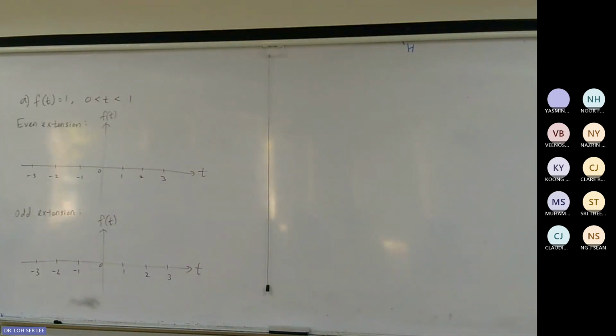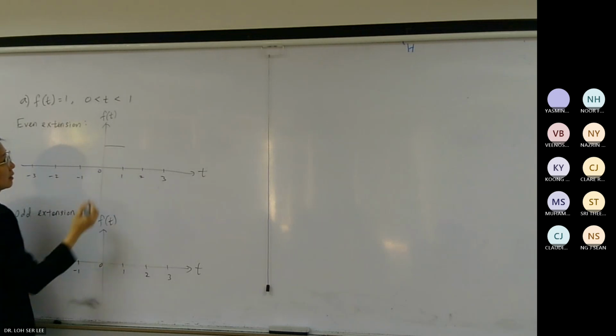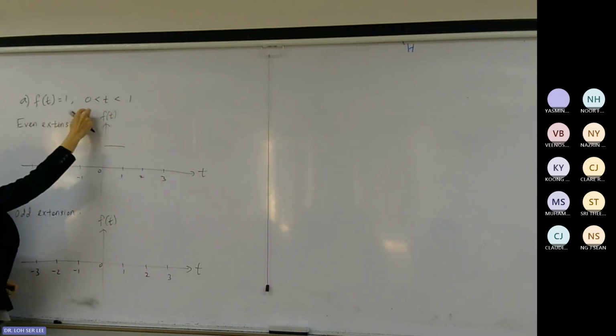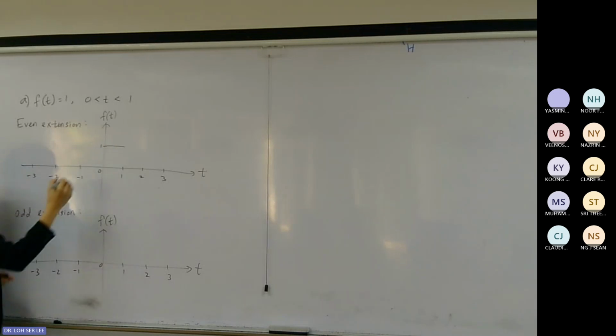f(t) equals 1. This is a constant. Constant means a horizontal line, a horizontal line that passes through 1 in the interval from 0 up to 1.